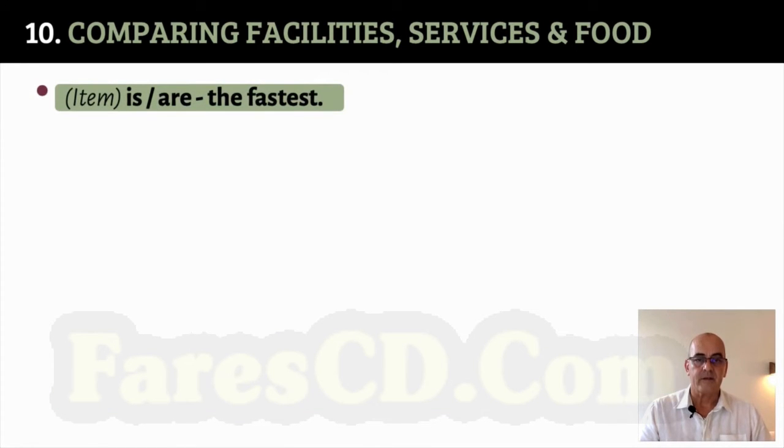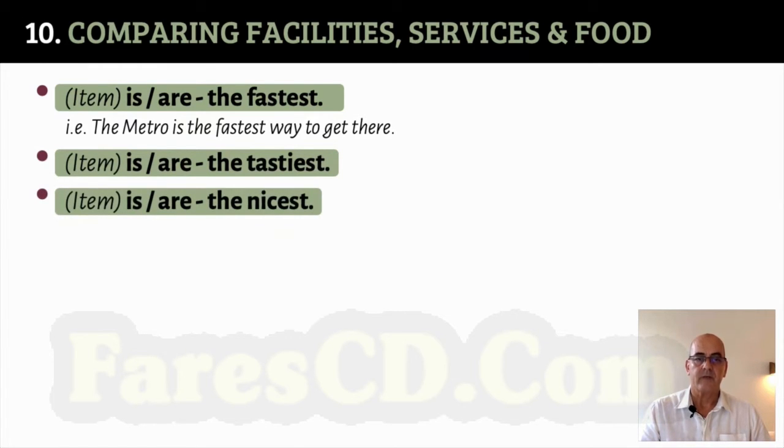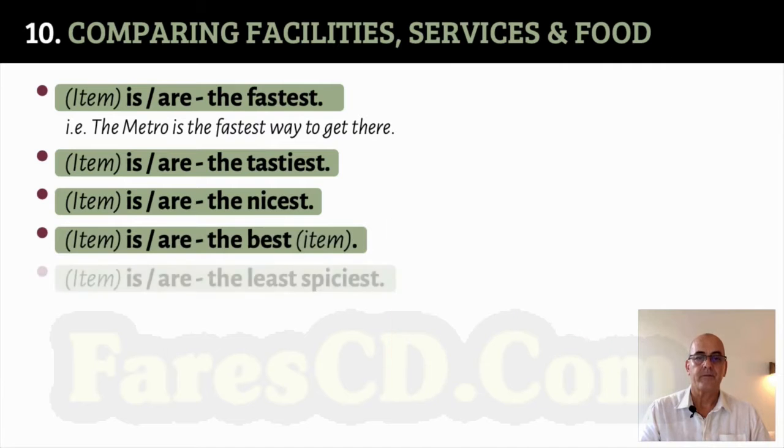Is the fastest. Are the fastest. For example, the metro is the fastest way to get there. Is the tastiest. Are the tastiest. Is the nicest. Are the nicest. Is the best. Are the best.